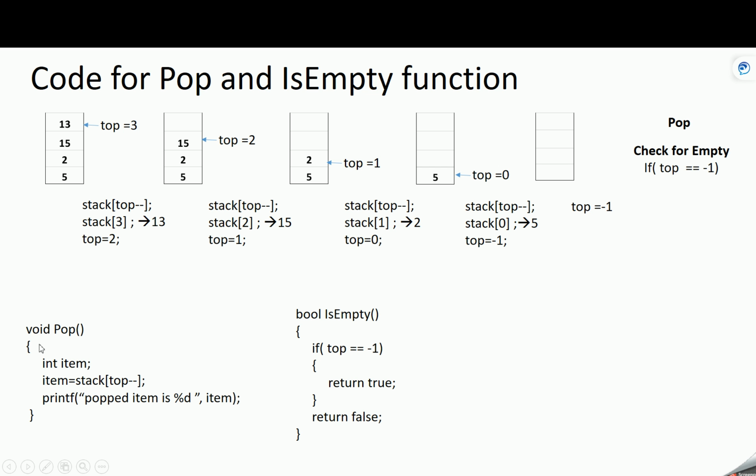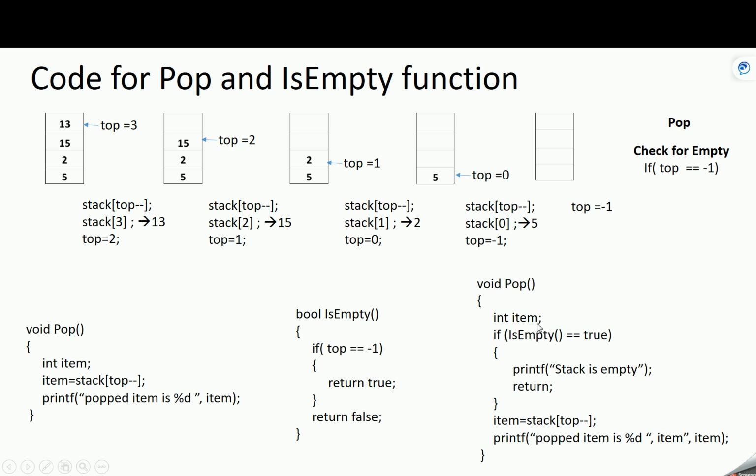So the pop function can be written like this. We'll first call the isEmpty function, and this function will return whether it is true or false. If it is returning true, the condition becomes true and it will print stack is empty.